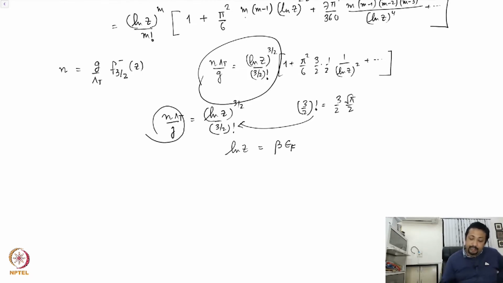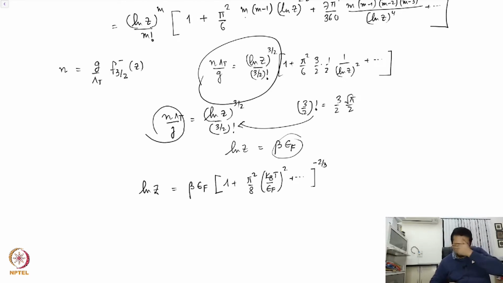Then if I have this, I can write down ln z, invert this over here, which is going to be beta epsilon_F times 1 plus pi squared over 8, k_B T over epsilon_F whole squared plus higher order terms, raised to the power minus 2 by 3, right?